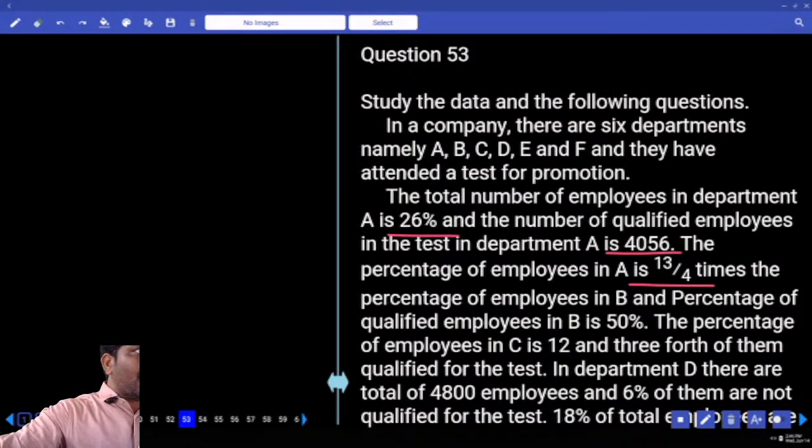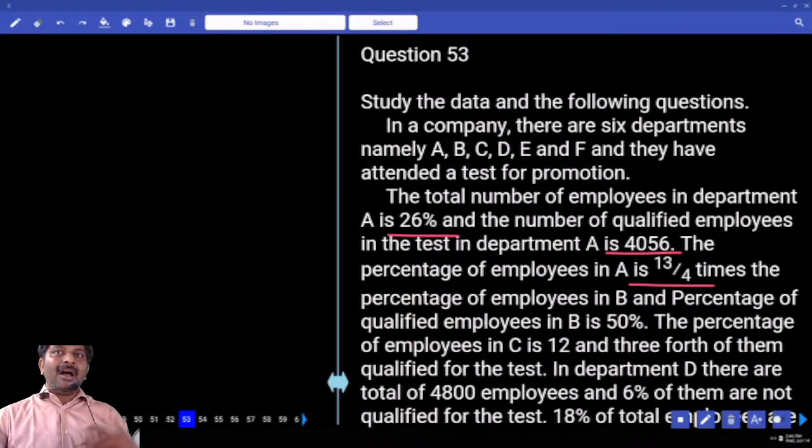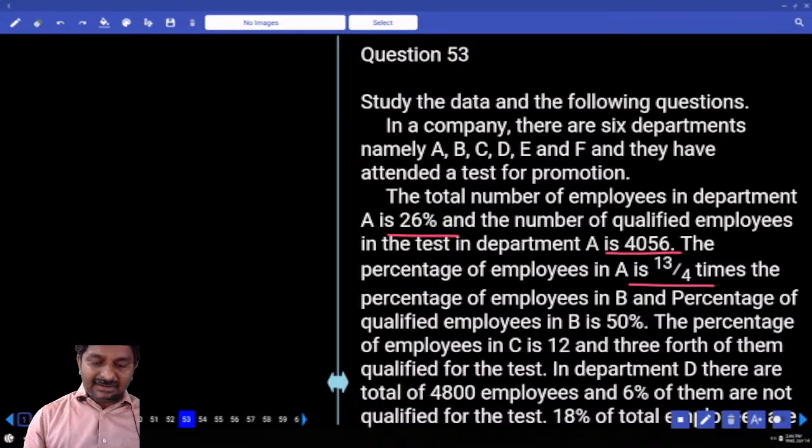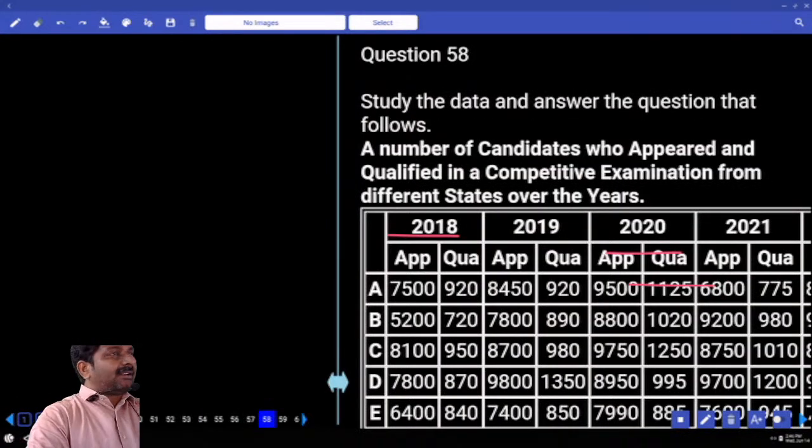One is in percentage, the other is in number, the other is in fraction. Too many calculations are involved in this set. I got to know this point. I will skip and then go to the next set in final exam.